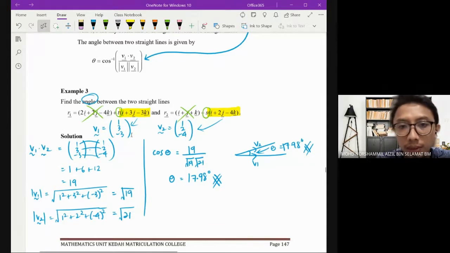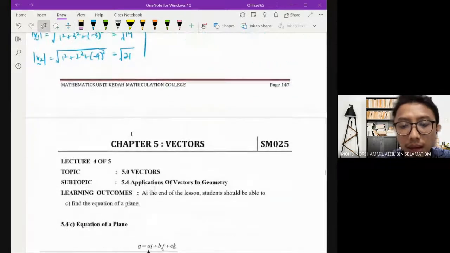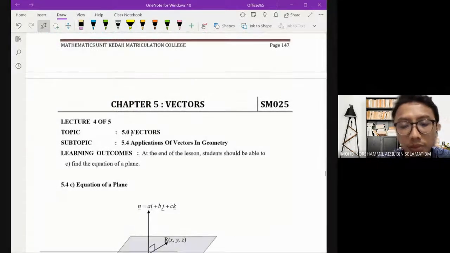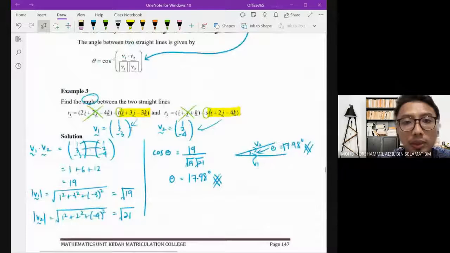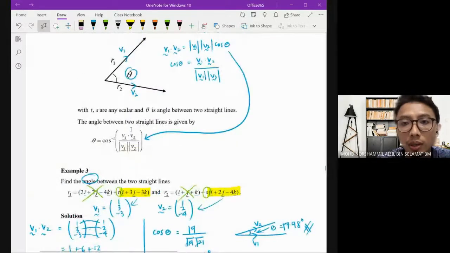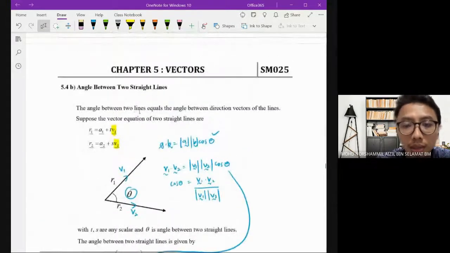Okay guys, so we have done completely up to scalar product or dot product, cross or vector product. And then kita dah kira area parallelogram, area triangle, and then we learned about straight line.